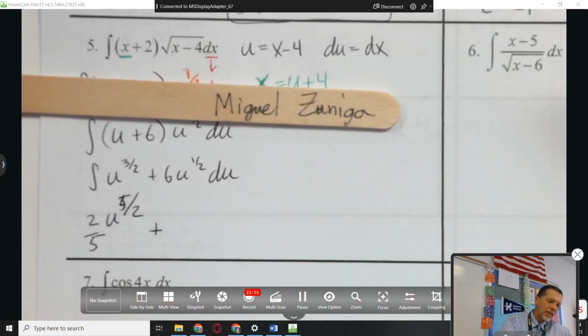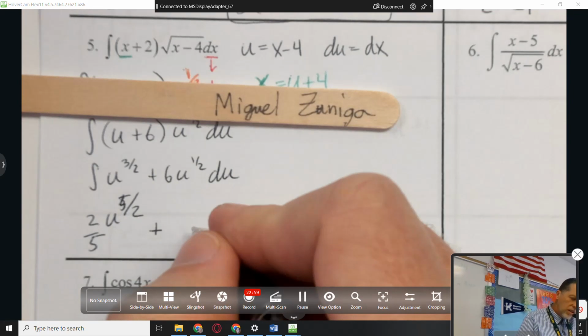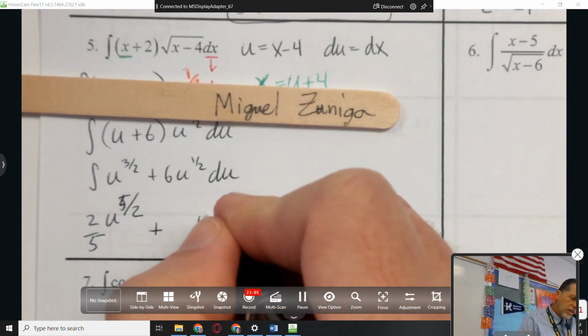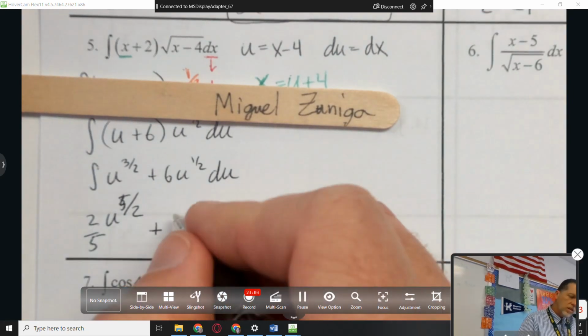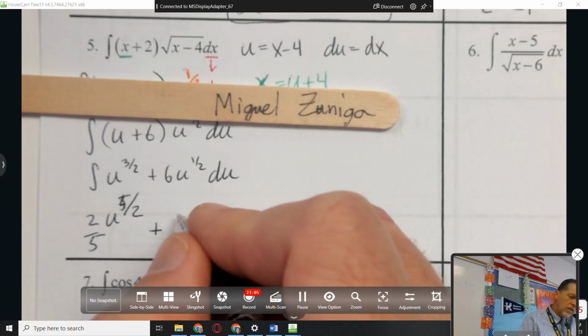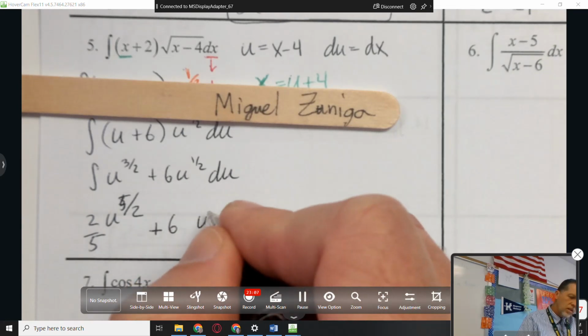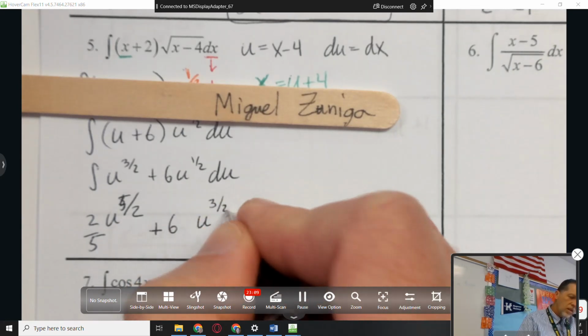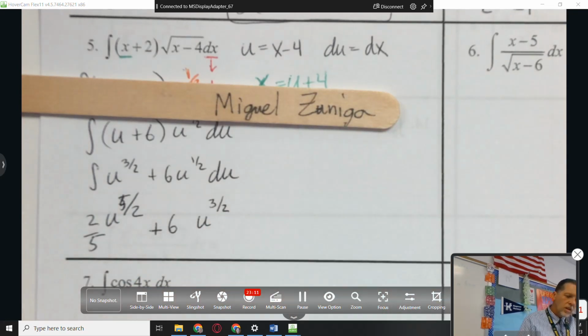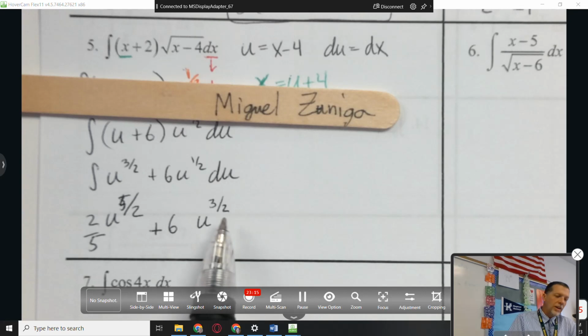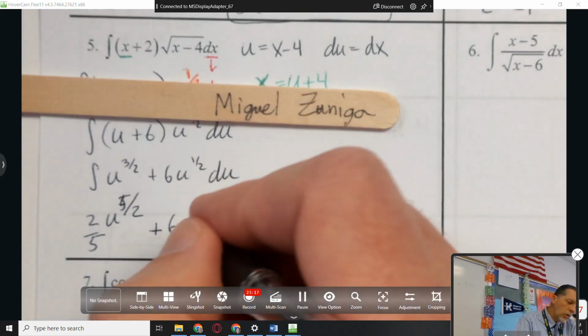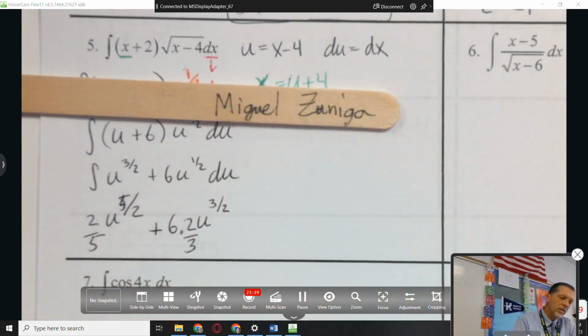Miguel, how about the second one? You could divide by 3/2 or multiply by 2/3. It's the same thing, but multiplying by 2/3 would be a lot easier.